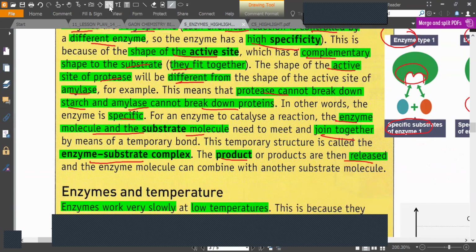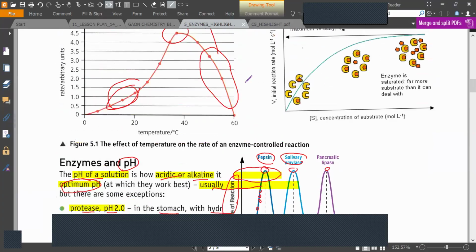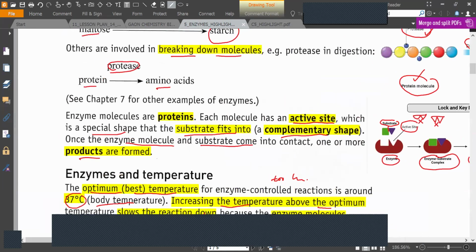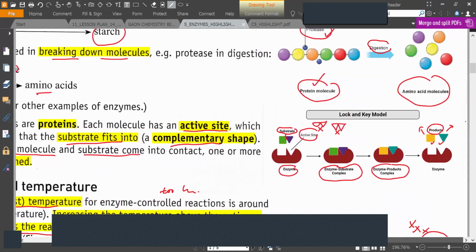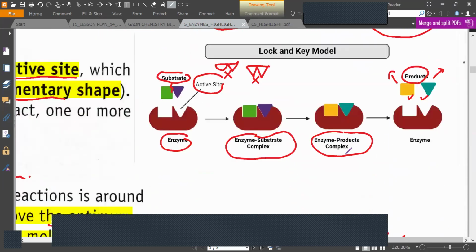As we mentioned just now, they will form this. Only if they can fit together, they can form the enzyme substrate complex, and then they can get the product. If they cannot fit together, this cannot happen, and then the reaction also cannot happen.